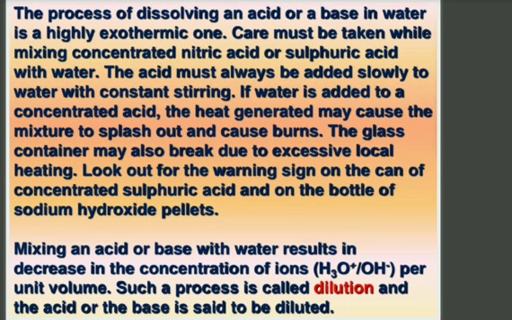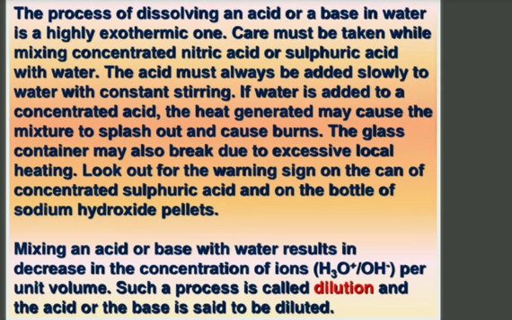Now what is the dilution process? Students, you must have understood by the word dilution. Dilution means when mixing an acid or base with water, there will be a decrease in the concentration of ions. The H3O+ ions also decrease when water is added, and OH- also, per unit volume.